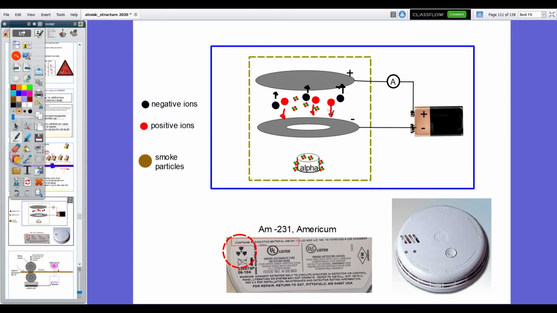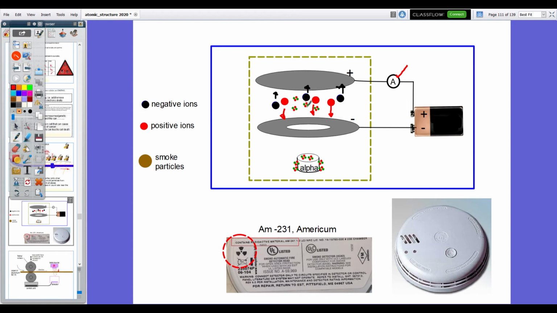These positive and negative ions, in effect, replace the role of electrons in the wires, and they enable this to make a full circuit. So over here, in our ammeter, we start to measure a current. And that is fundamentally the key feature of a smoke alarm, and that's how they are generally going to be working during their life.